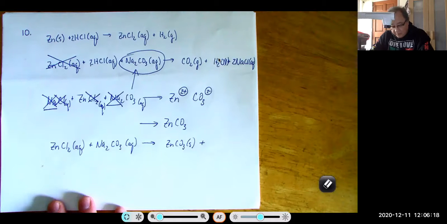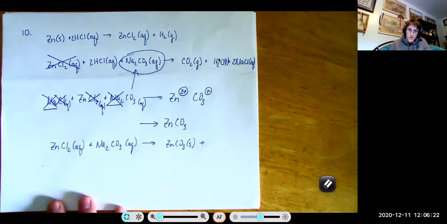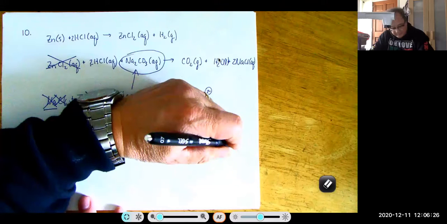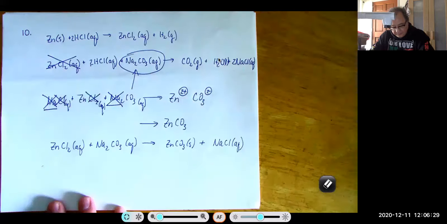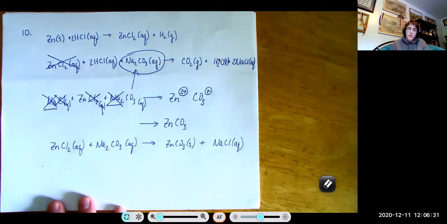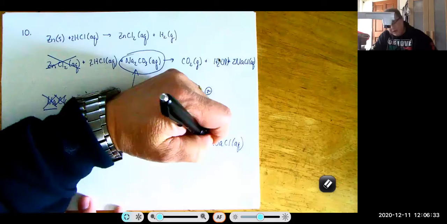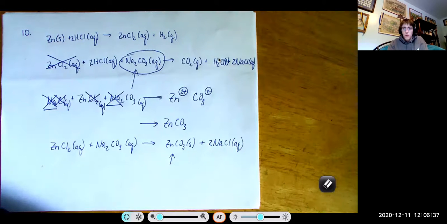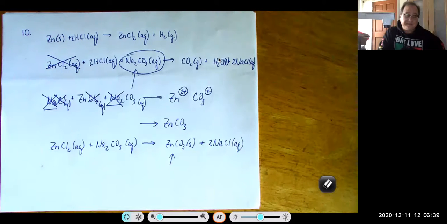So how do we write the formula for sodium and chloride? Is it NaCl? Okay. And how many of these do we have? Two. That's right. And so there is the white solid that forms, because it happens after the gas forming reaction. All right.